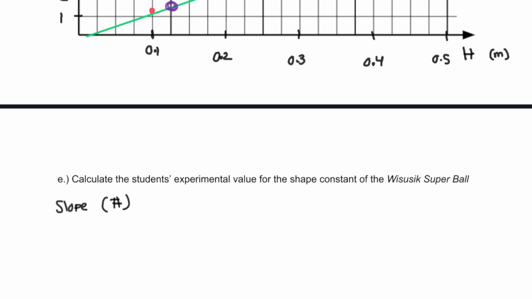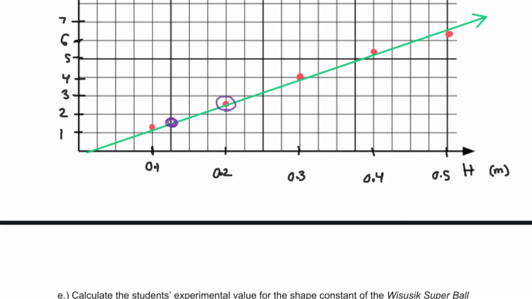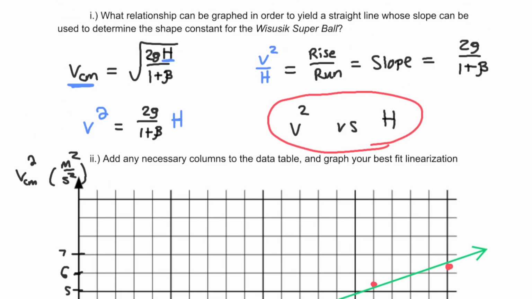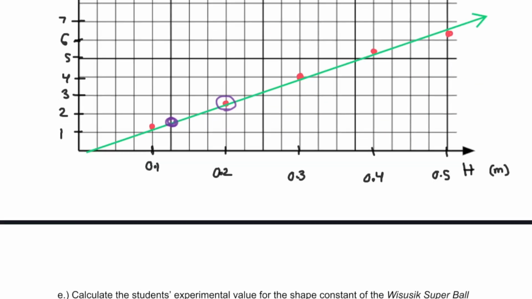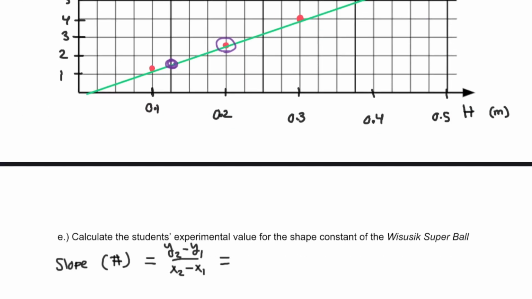So slope as a number is just going to be equal to the change in y over the change in x. So my second y coordinate, it said, was 2.56 minus, again, I picked that second point because it looks like it was about 1.5.